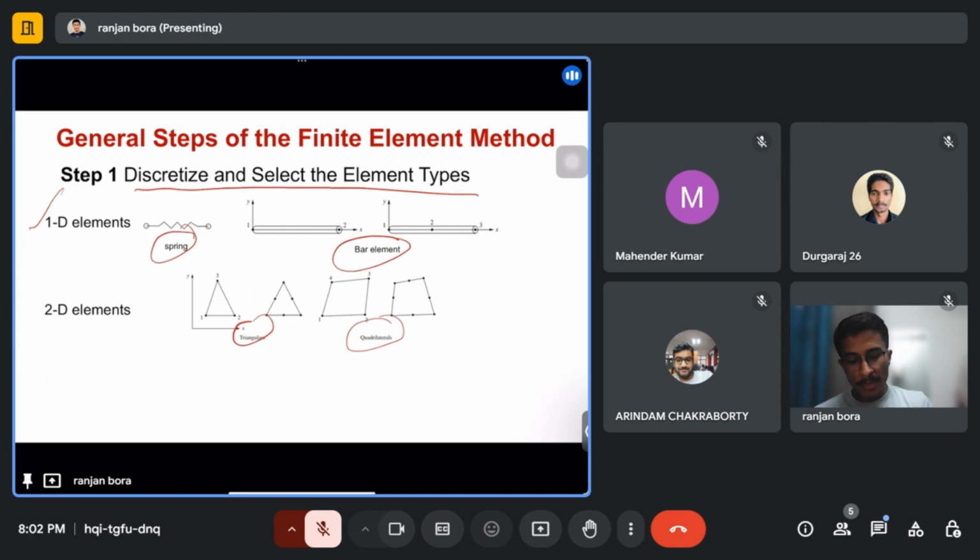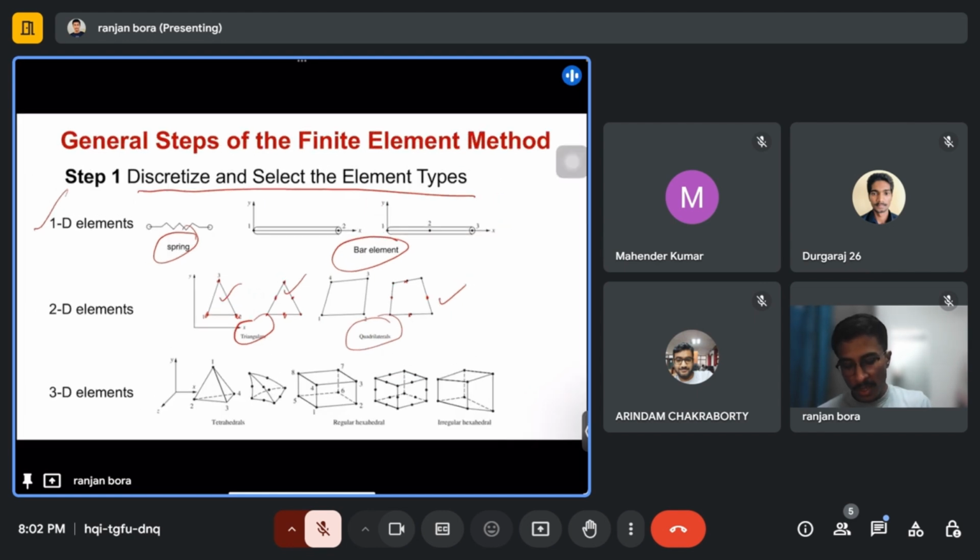These points you can see are known as nodes and these are known as elements. In a triangle we can have 3 nodes or 6 nodes. Similarly, in a quadrilateral we can have either 4 nodes or 8 nodes, meaning a node in between on each side of the quadrilateral.